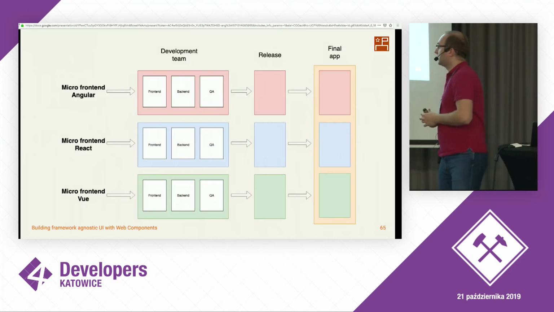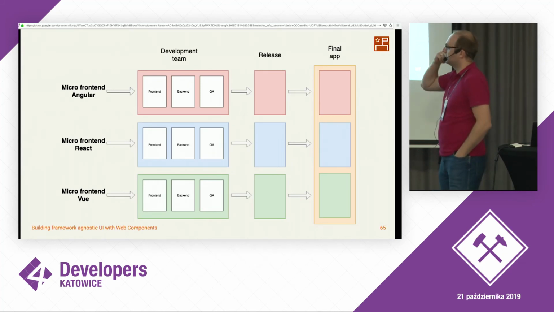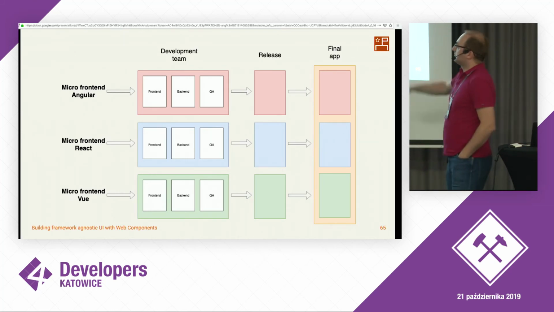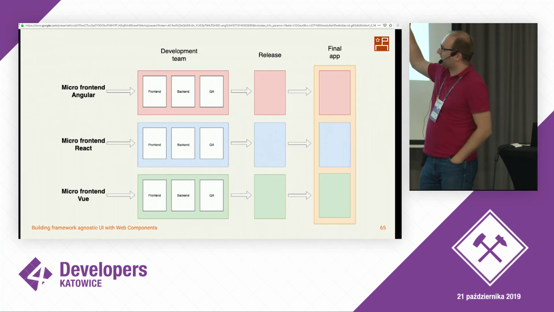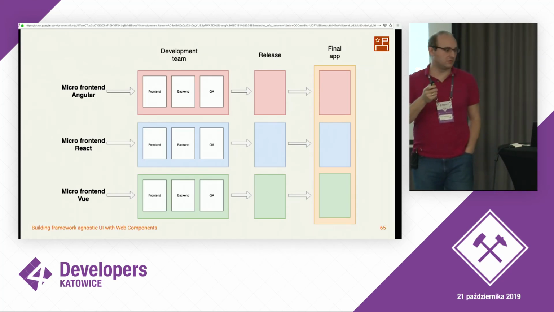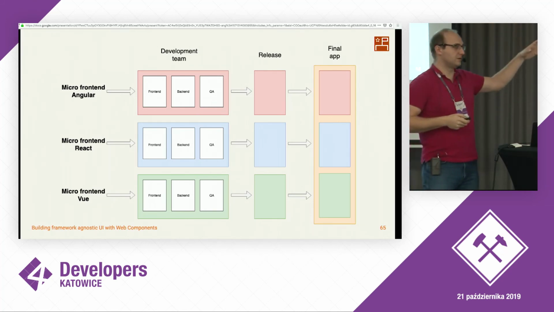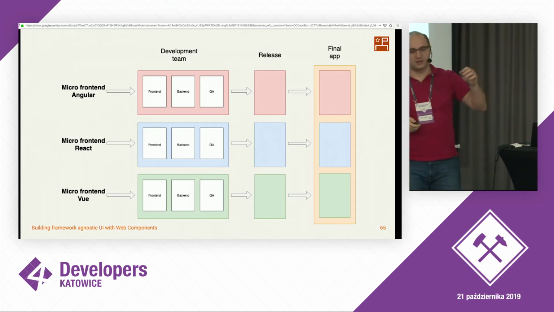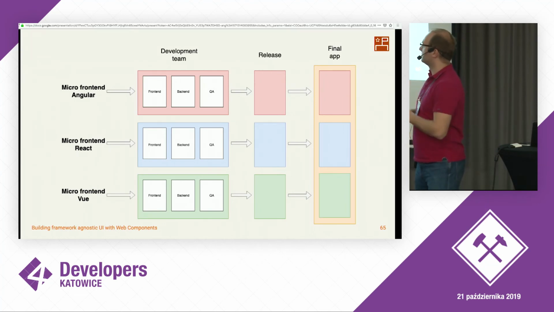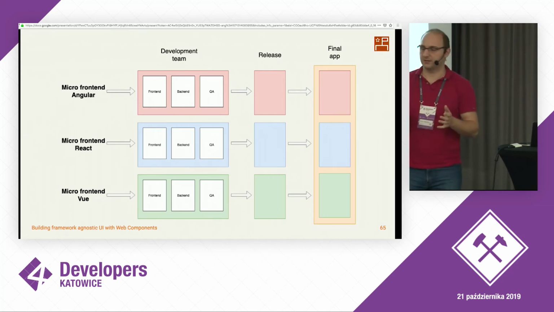This is a picture that shows how the micro frontend architecture might be implemented. You can see there are three groups: the micro frontend Angular, the micro frontend React, and the micro frontend Vue. If you are interested why each micro frontend uses a different framework, it is because each feature is a different application. So for instance, micro frontend Angular is responsible for building the forms on the website.